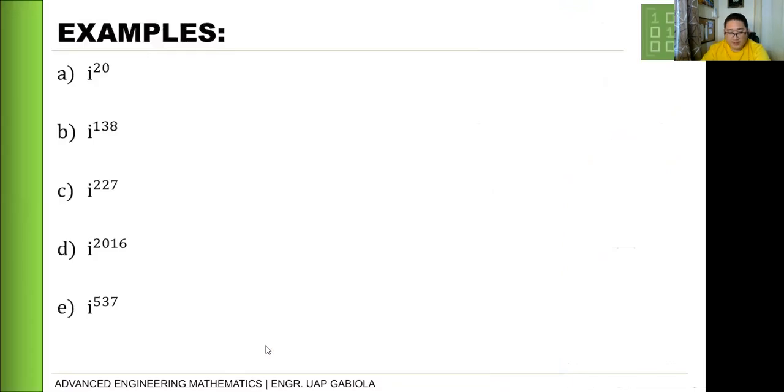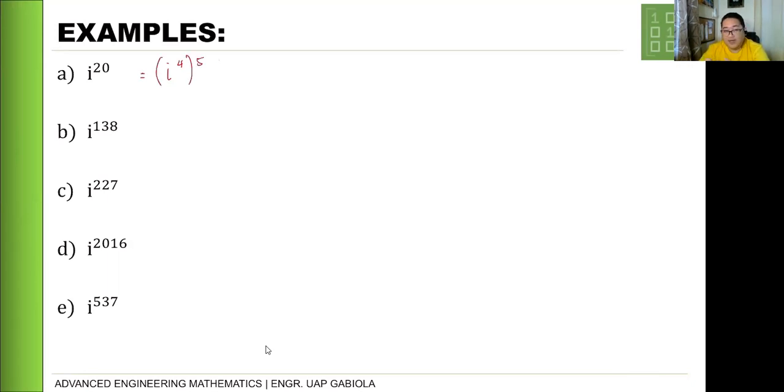Okay? So dito sa first example natin, si 20 is divisible by 4. Okay? Divisible siya by 4. Pwede maging factor niya 4 times 5, no? So we can represent si i raised to 20 as i to the 4th, raised to 5.